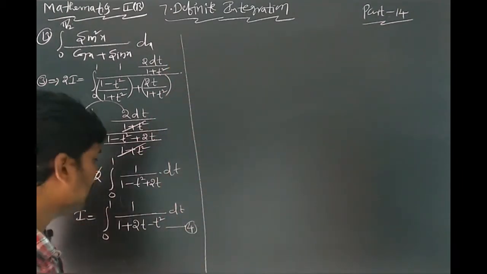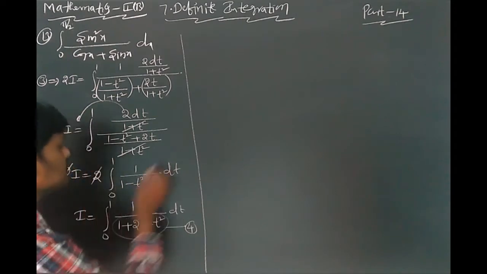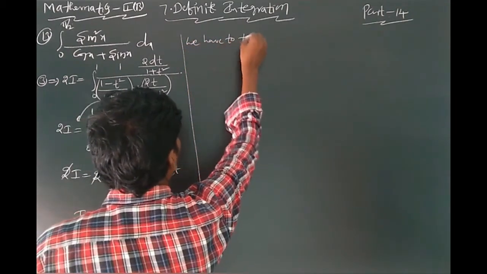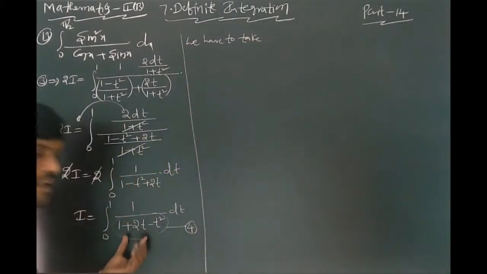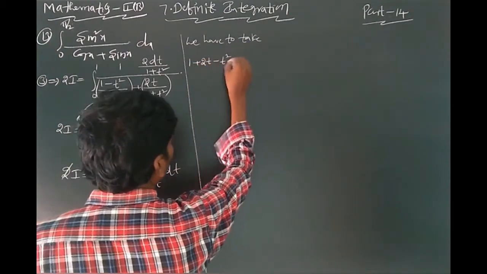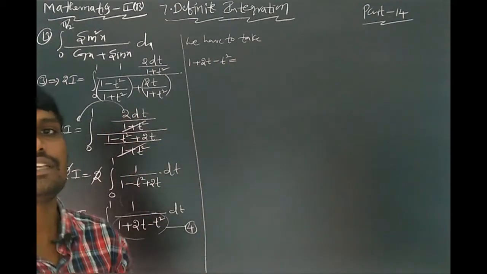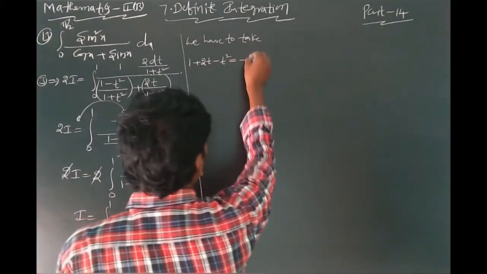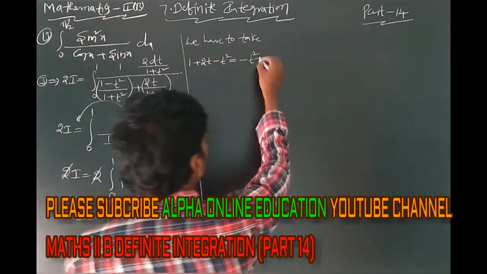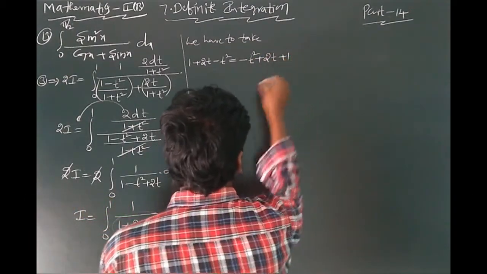In this equation number 4, we have to take 1 plus 2t minus t square. This is method number 1 of the integration. First of all, you have to write the standard form of the quadratic expression minus t square plus 2t plus 1.